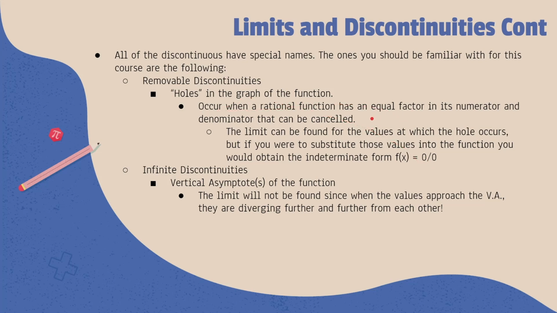The next discontinuity that you need to know is infinite discontinuities, and that is essentially your vertical asymptotes. For these discontinuities, we actually cannot find the limit because as soon as we start creeping onto the vertical asymptote, the function could go to positive or negative infinity, so both branches go to the same side of infinity, but they don't really reach a value because we're not treating negative or positive infinity as a specific value.